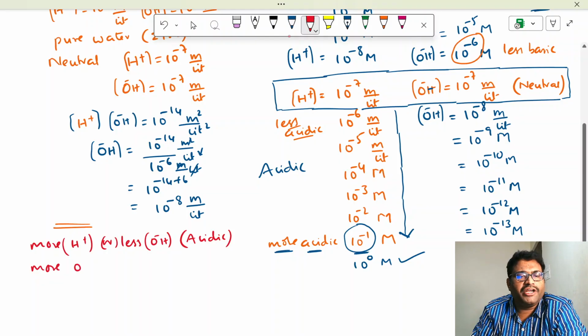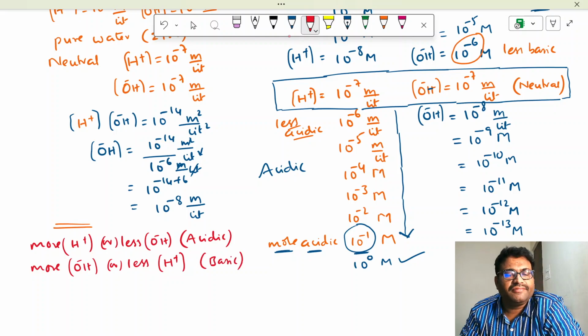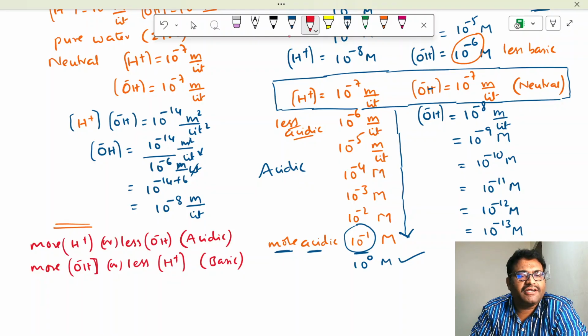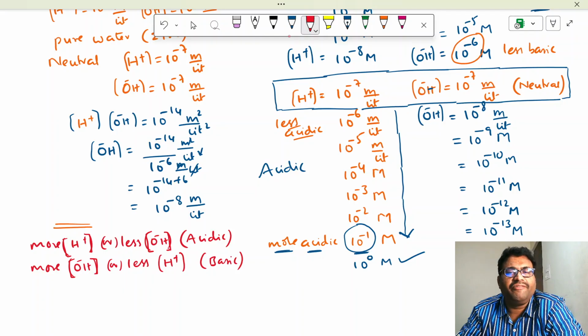More OH minus ion concentration or less H plus ion concentration, it will be basic. It will be what? Basic. Are you getting this? So these points, if you can remember, then that is sufficient to understand which is acidic and which is basic.